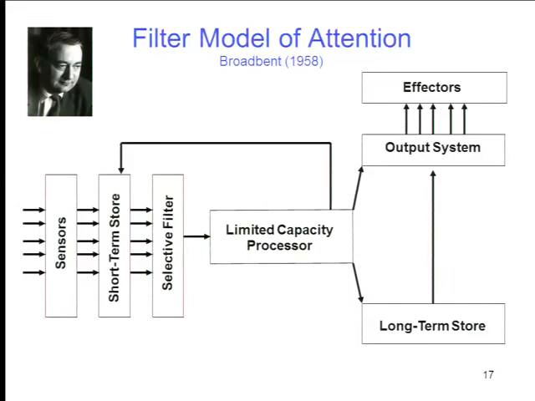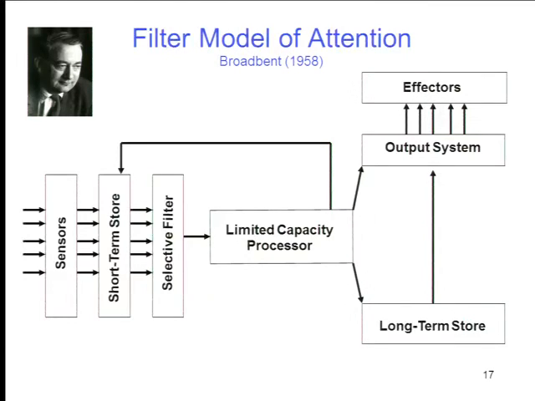Okay, that's the basic idea behind the filter model. You have all this information impinging on your sensory mechanisms. Then there's what Broadbent called a short-term store. We would now call this the sensory registers, the icon, the echo. And then there's a selective filter, which then passes a small amount of all this information into this limited capacity processor. That's basically how attention was supposed to work.